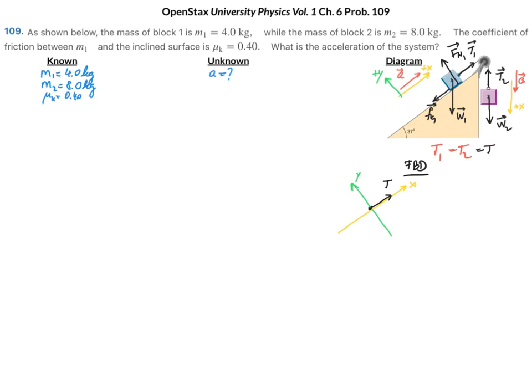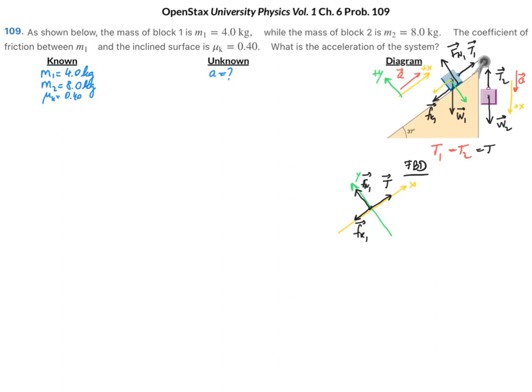I know that the friction force is in this direction, in the negative x direction, so that is F sub k, 1. I know that the normal force is in the positive y direction, so I call this Fn1. But the weight has components in both x and y directions. So in the y direction, I have this force. In the x direction, I have this component.